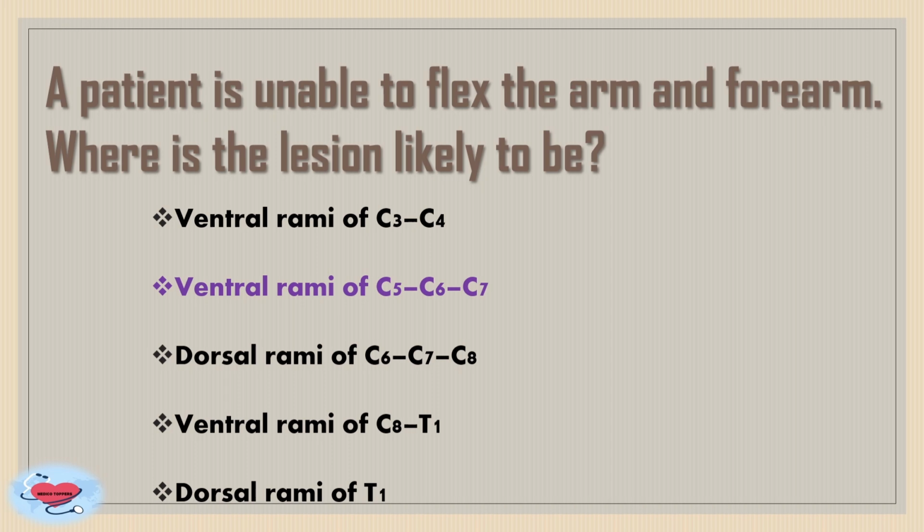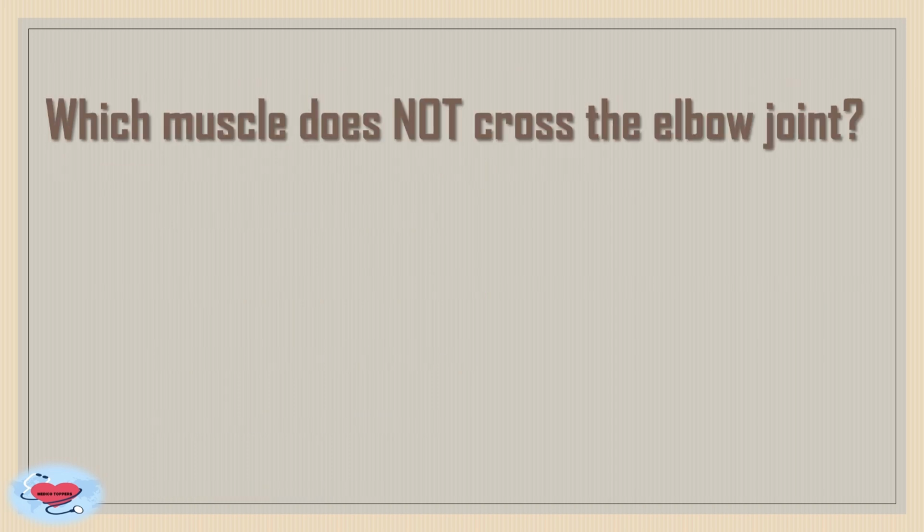Coming to the nerve supply, biceps brachii and brachialis receive C5 and C6, but coracobrachialis receives fibers from C5, C6 and C7. So in this case, C6 is the main source of fibers for each. So the answer is C5, C6 and C7. Biceps brachii, brachialis and coracobrachialis are the muscles likely to get affected.